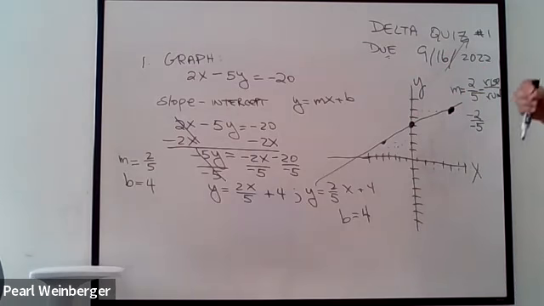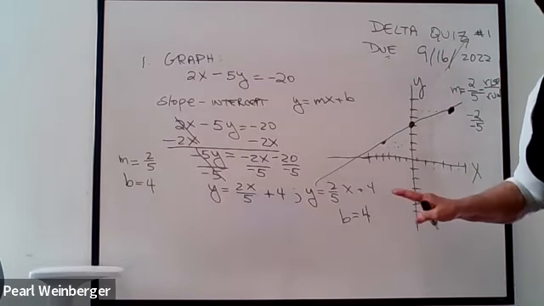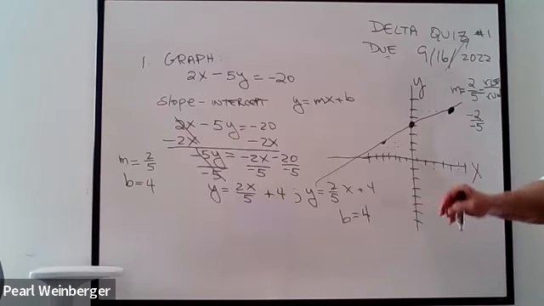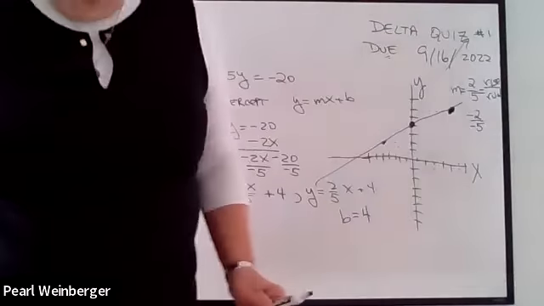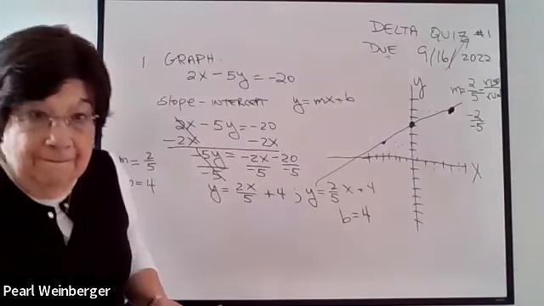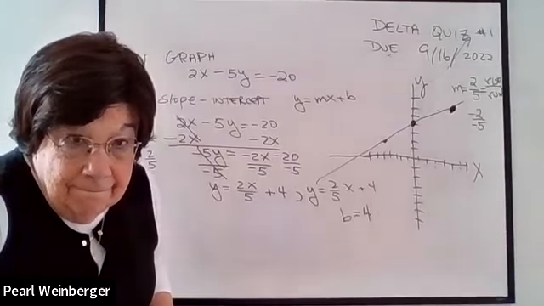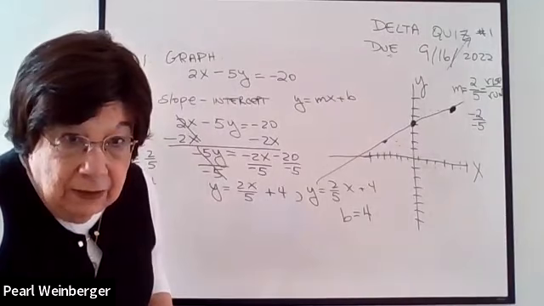Let's talk about then the concept of slope. Now, before I do it, would you like to try one more just to make sure you understand how to do this using the slope intercept? Should I give you another one to try? Any comment?